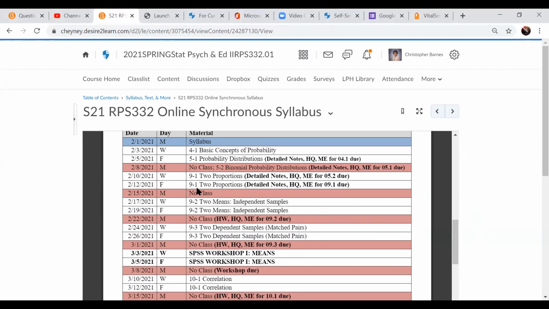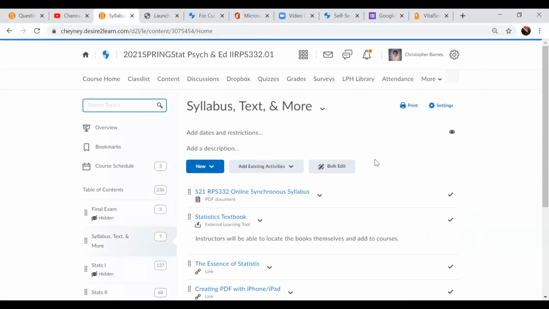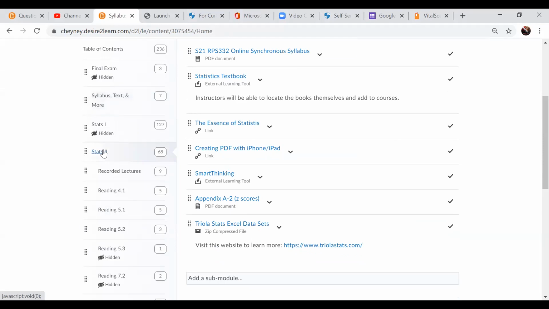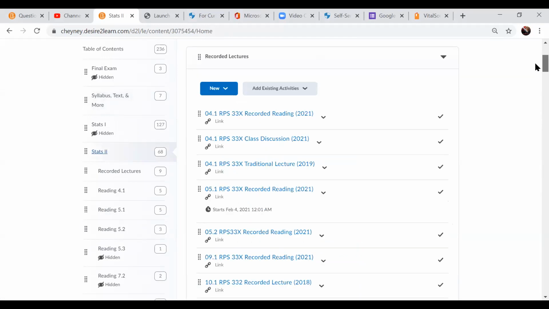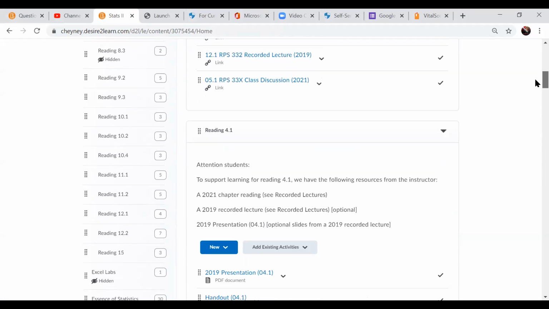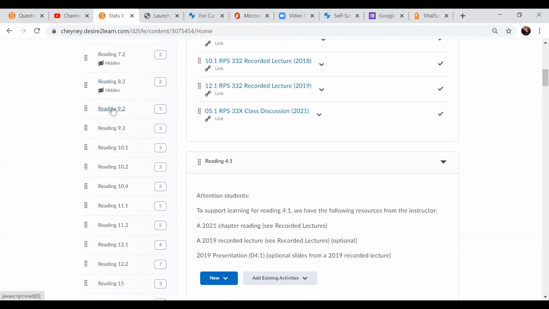No, I don't see it on D2L. On D2L? Yeah, like on the content page. On the content page. All right, let's look at, so let's go right here for stats. Okay, and you know what that is? That is because I don't have the 9.1 folder in here created yet.